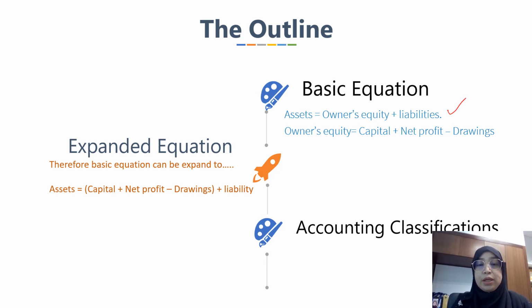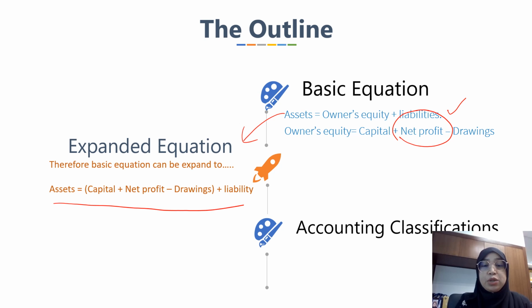We can expand it into the expanded accounting equation, whereby net profit we can calculate by deducting expenses from revenue. So if we expand, it becomes like this. Net profit is equivalent to revenue minus expenses.